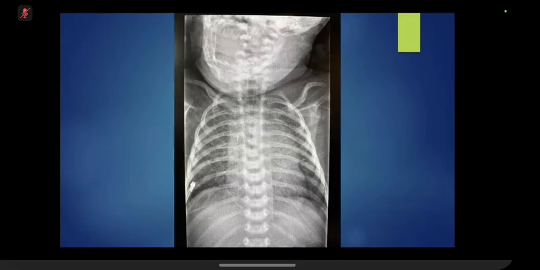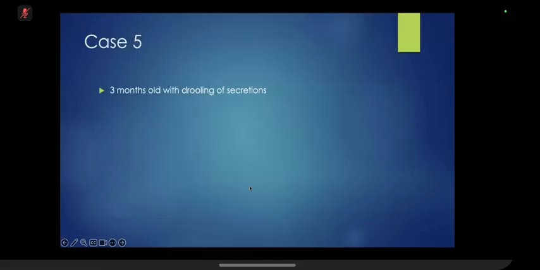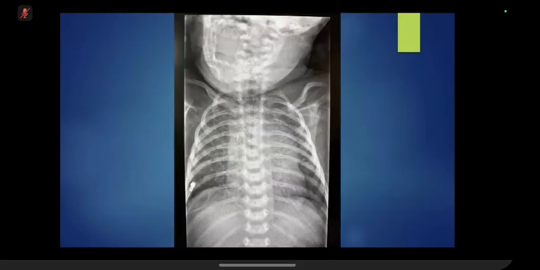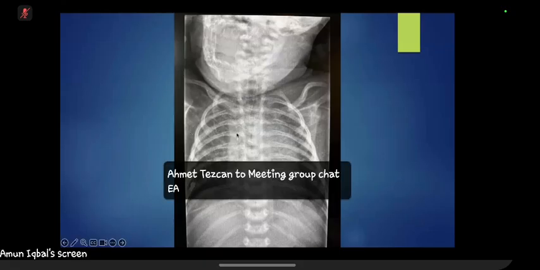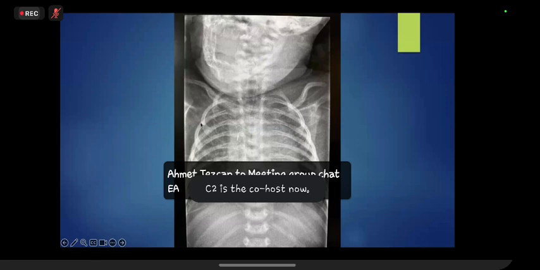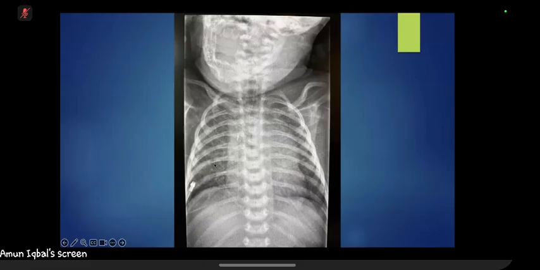Yes, you also saw the chest tube. Now going back to the history, 3 months old with drooling of secretions. So you should make up your mind that the baby has had some kind of surgery. There is also one PICC line catheter, which you might not see very well because the film is not of good quality.